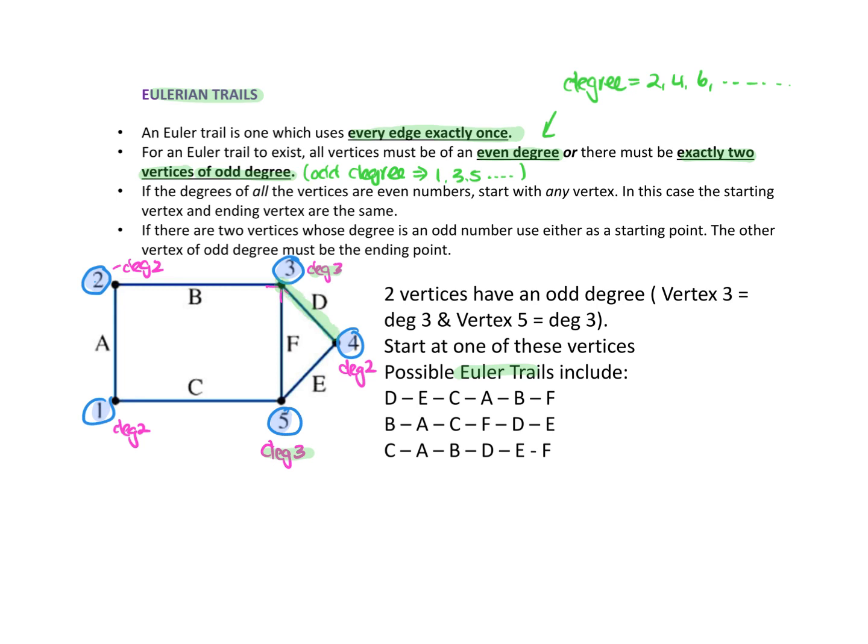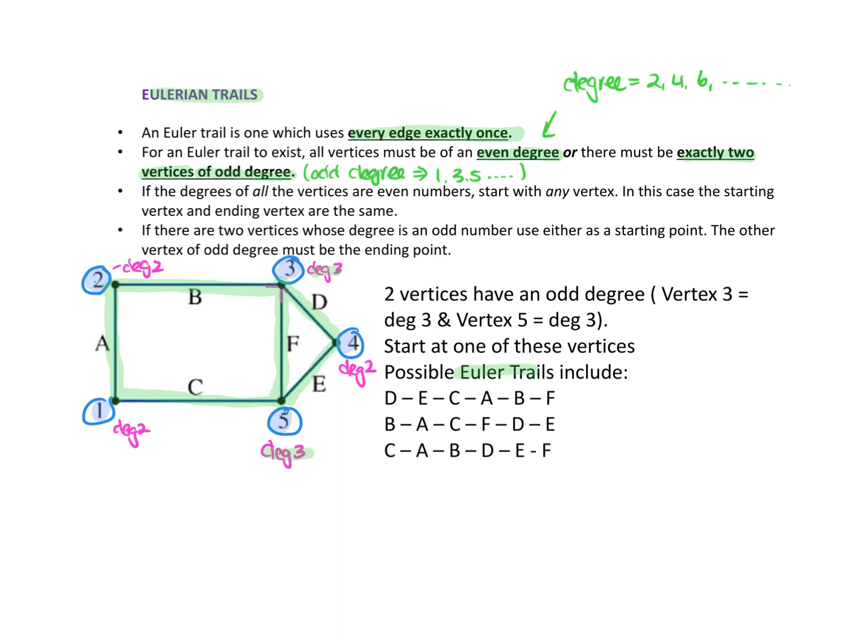So they went D, E, C, A, B, and F. I never repeated an edge, but I did go back to a vertex twice. Then if you look at the other options, if we start at B, start at one of these vertices.